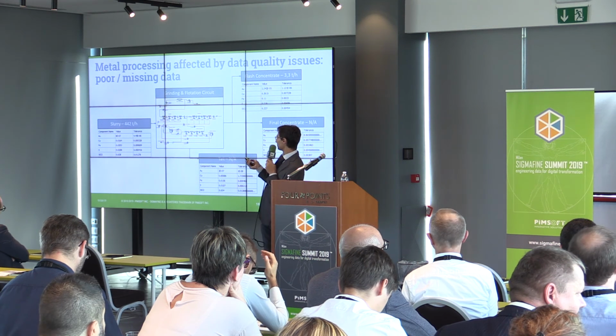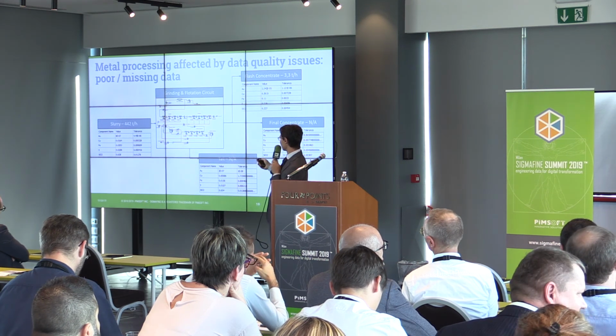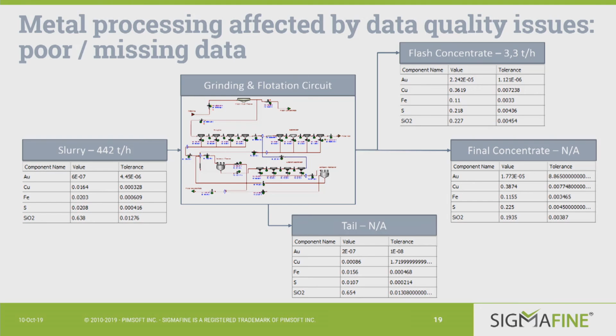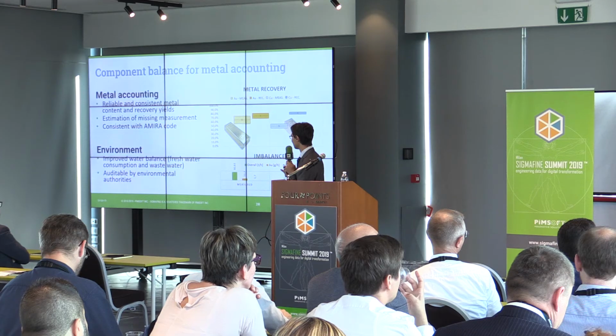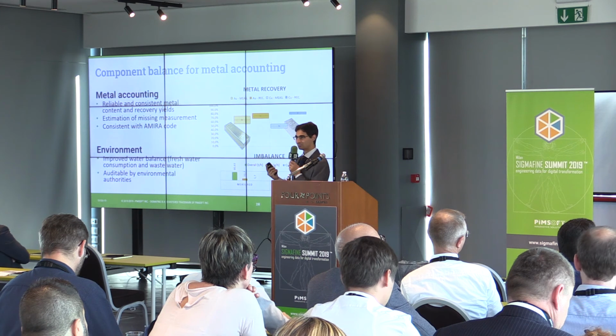As you can see, these are the inputs, both as total flow and components. The components are defined in analyzers, which are represented with data tables in the PI Asset Framework. In the end, the results are displayed in this bar chart, where you can see the comparison between the measured and the reconciled value and the uncertainty bars.